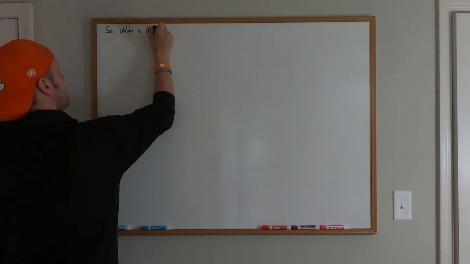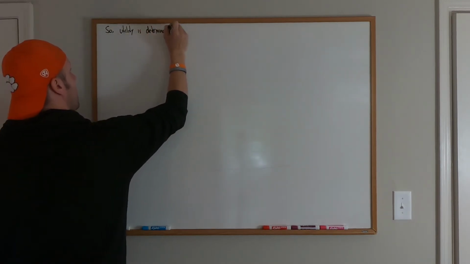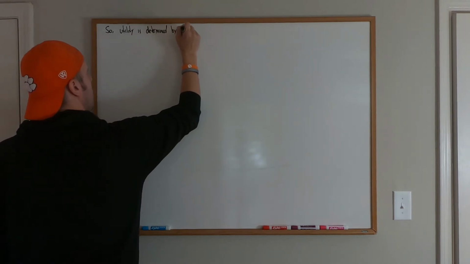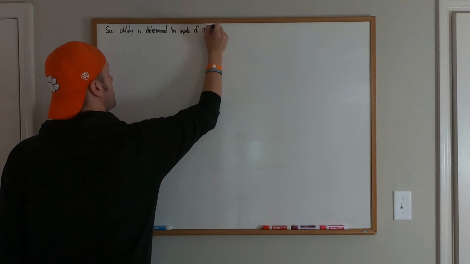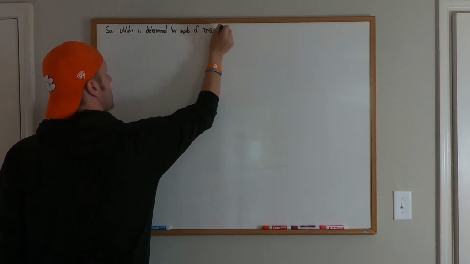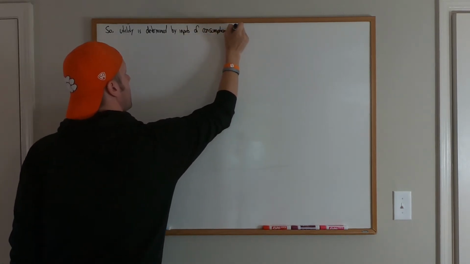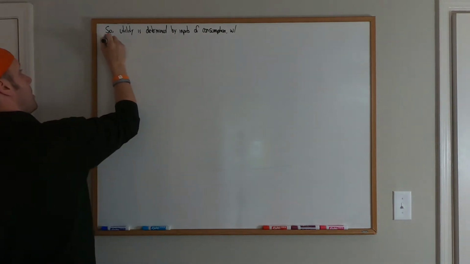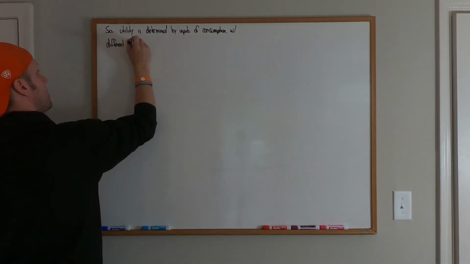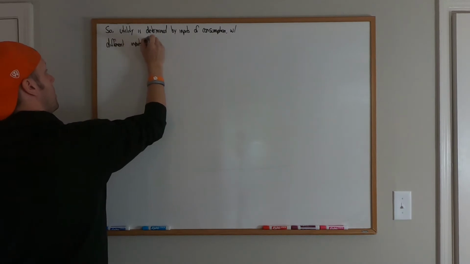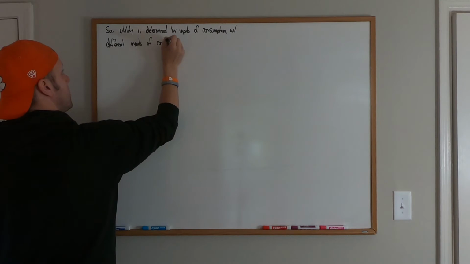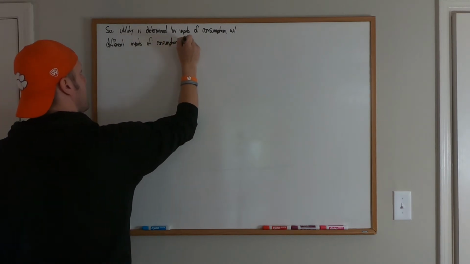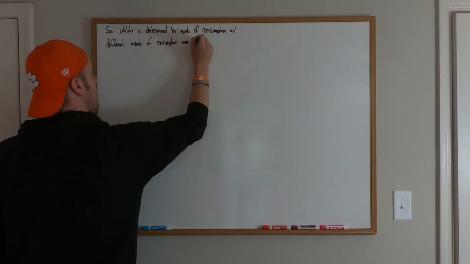So utility is determined by inputs of consumption with different inputs of consumption over different points in time.